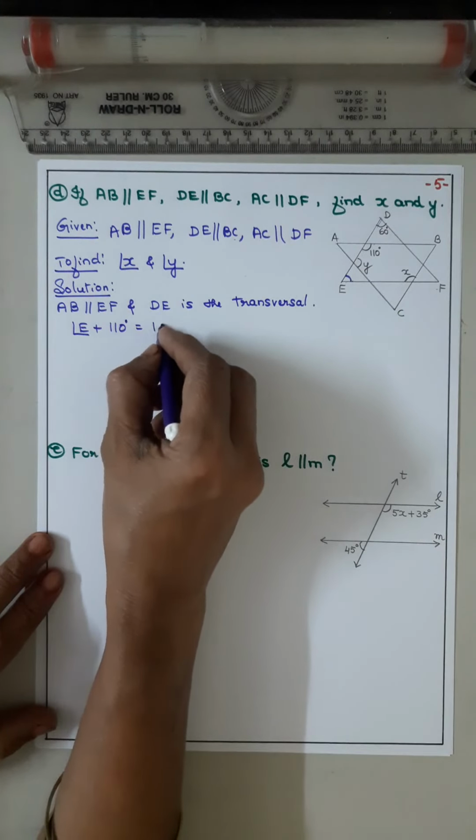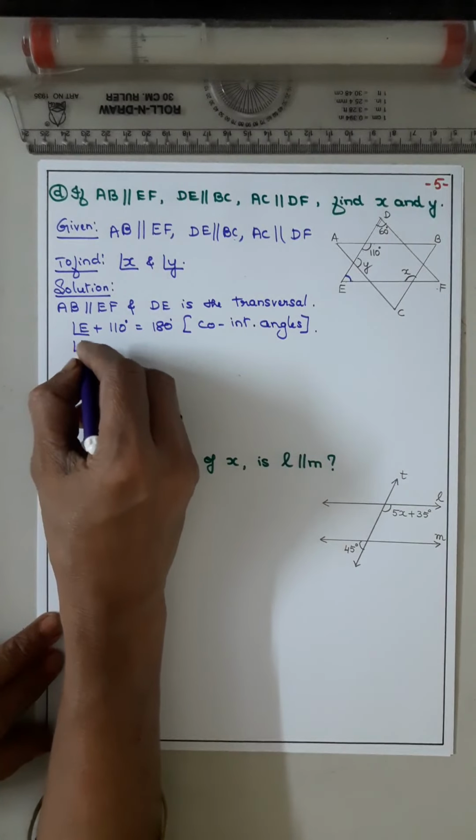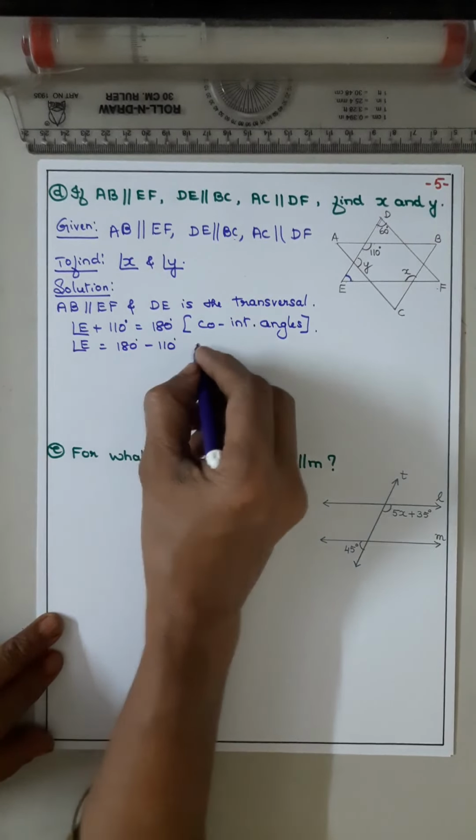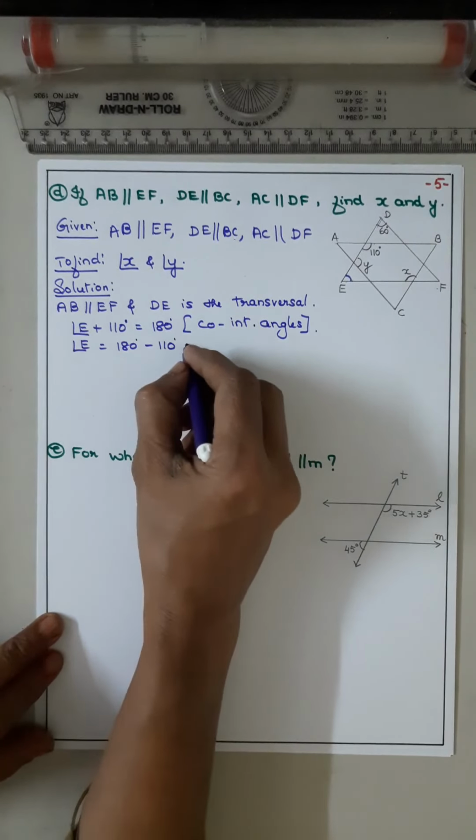Therefore, angle E is equal to 180 minus 110, which is 70 degrees. So you got angle E as 70.